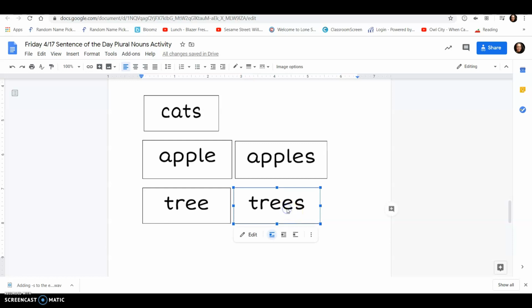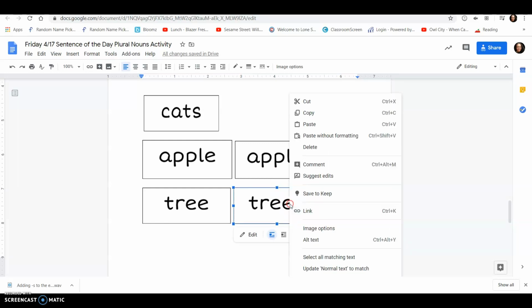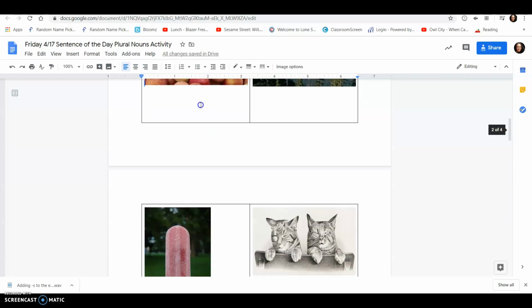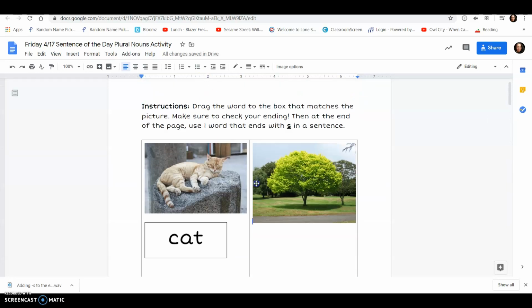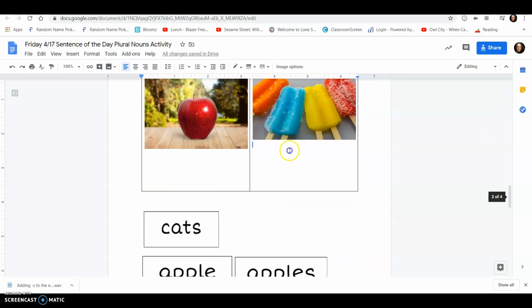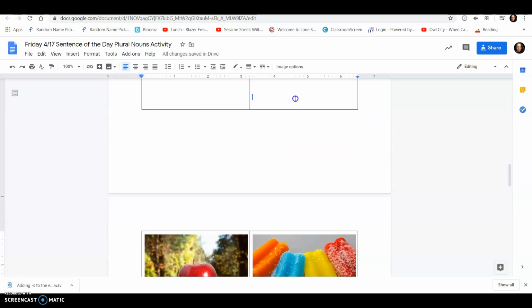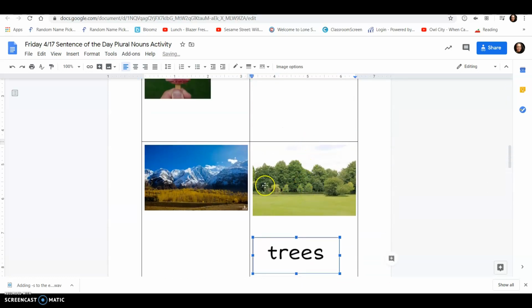Okay, so I'm going to click on it and I'm going to drag it up here to a picture with more than one tree. Oh, that's one tree, so that can't be it. So I'm going to place it here because this is a bunch of trees, more than one tree, okay? So that is how you do that.